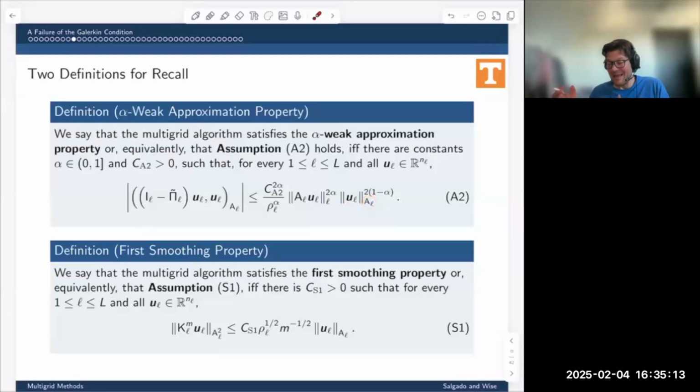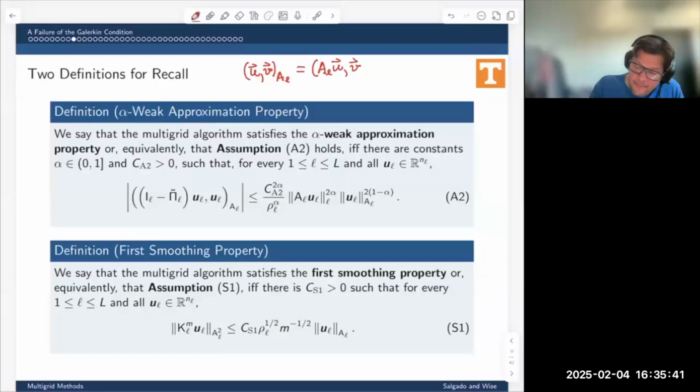Remember how we define the AL inner product and the AL norm. So the AL inner product is defined as, if I want to calculate the AL inner product of U and V, then that is equivalent to ALU. And we don't have to put the L and the L here. Skip that.